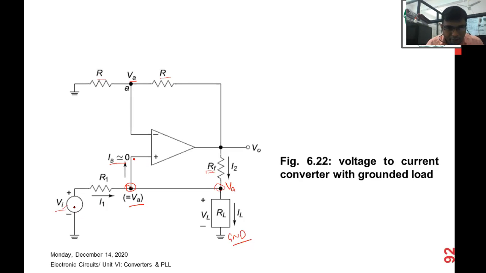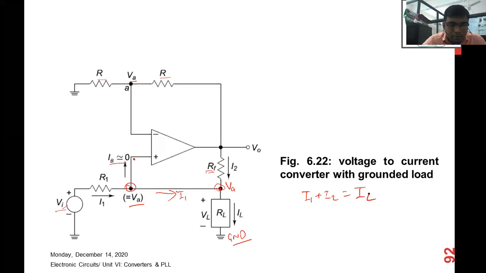So whatever current is flowing through Vi, that is I1, flows on this branch only. There would be 0 current in this particular branch. So at this node, two currents join, I1 and I2. In this way, I1 plus I2 is equal to IL.